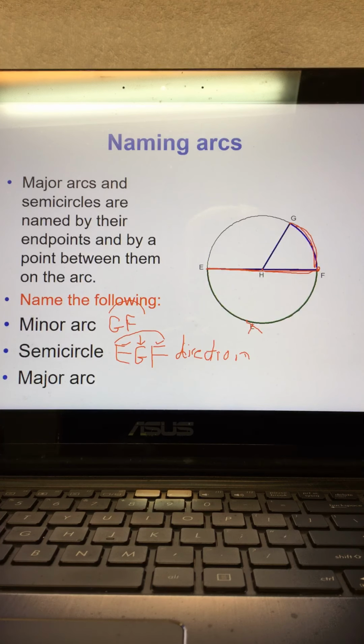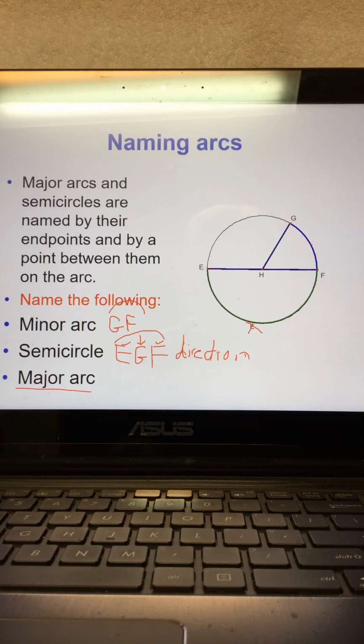All right, a major arc. A major and minor arc are named in the same way. If I want to name a major arc here, I need to name an arc that is bigger than a semicircle. So let's go back over here and see if we can find one that's bigger than a semicircle.